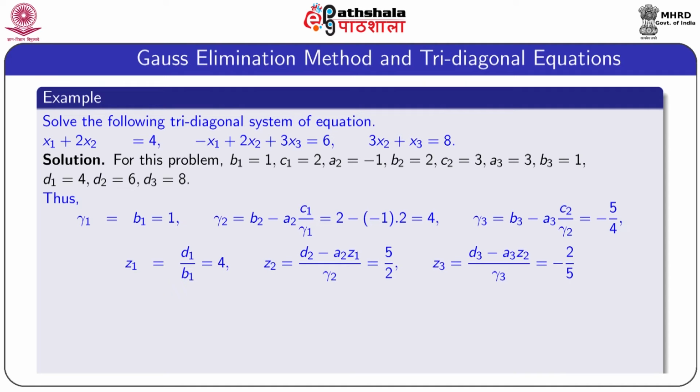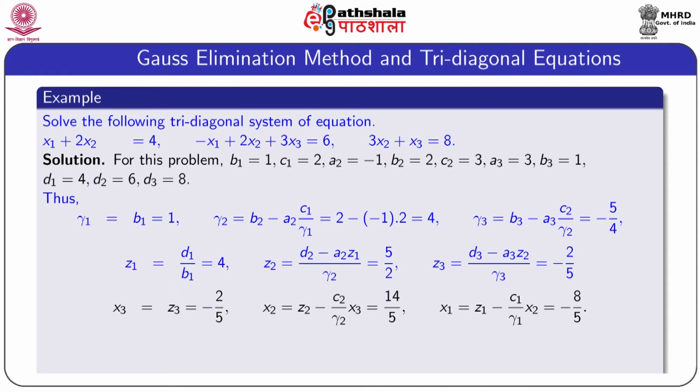Since gamma is available, we can calculate the values of z1, z2 and z3. z1 equal to d1 by b1 equal to 4, z2 equal to d2 minus a2 into z1, whole divided by gamma 2. After simplification, this is equal to 5 by 2, and z3 equal to minus 2 by 5.